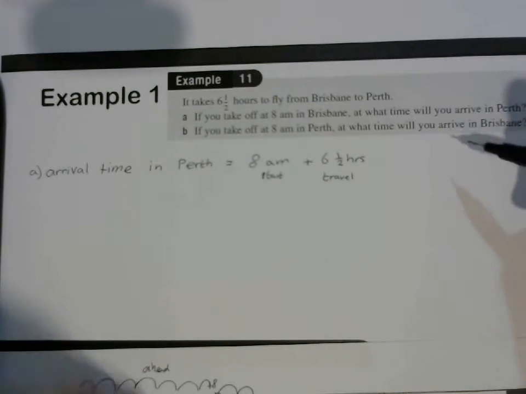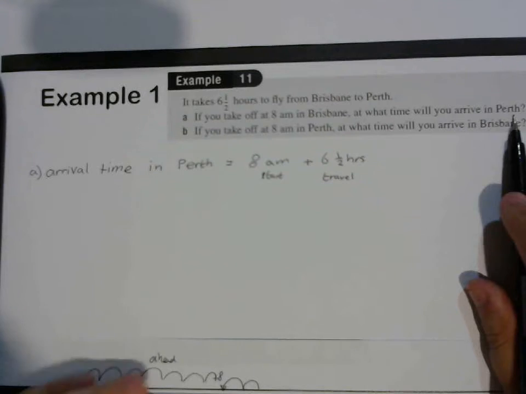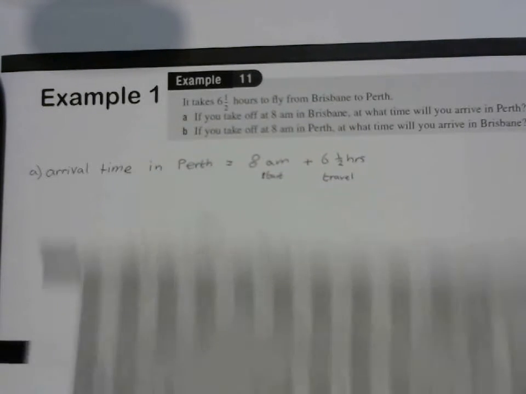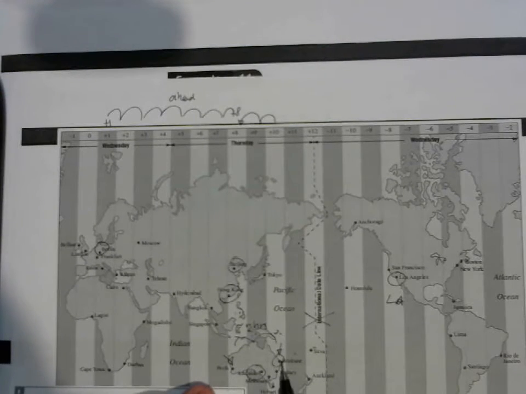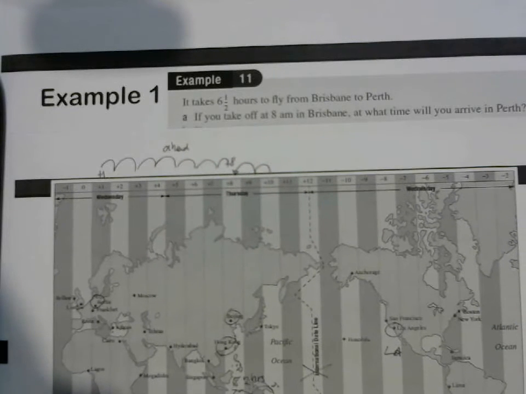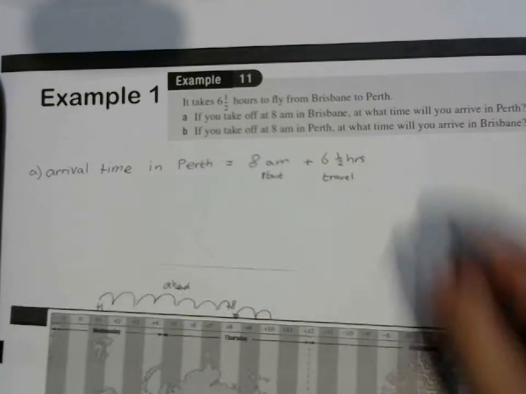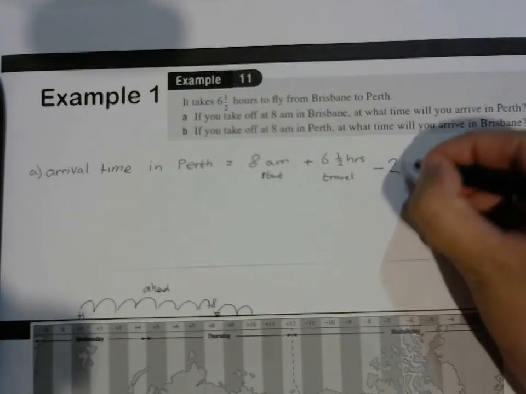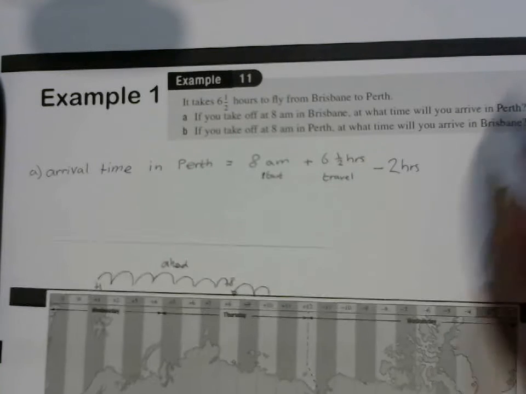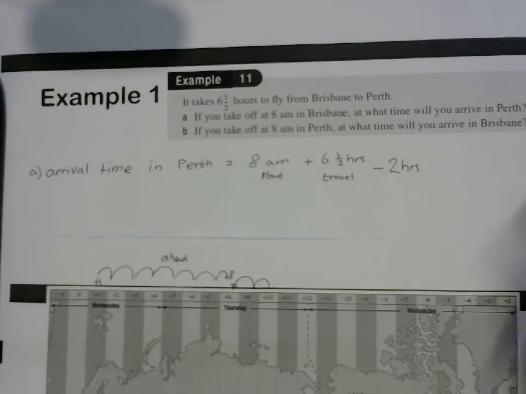Now we also want to factor in the time difference between Brisbane and Perth. Now again, looking at our map, Brisbane is 2 hours ahead of Perth, so Perth is 2 hours behind Brisbane. So what we want to do is take away 2 hours, because Perth, where we're arriving, is 2 hours behind Brisbane.